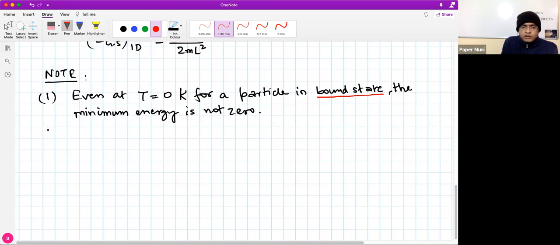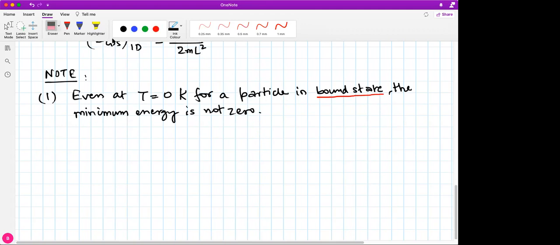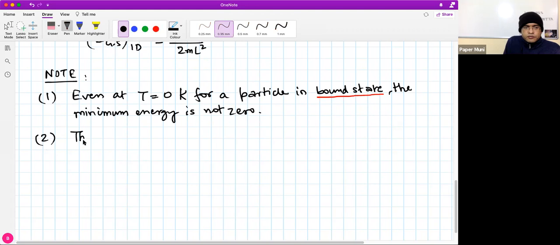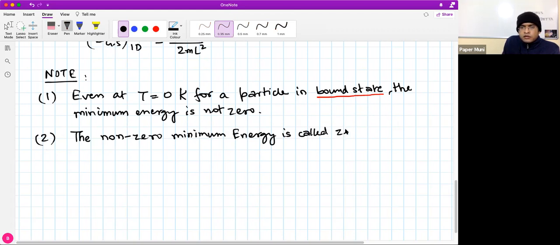This non-zero minimum energy is called zero point energy.